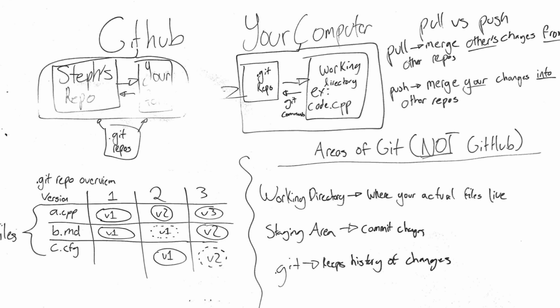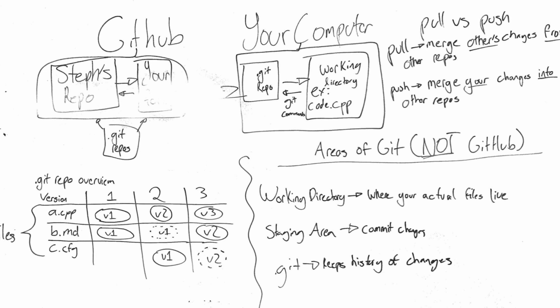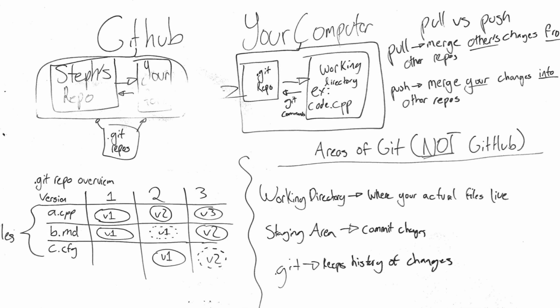So to summarize, GitHub is basically a place to host those Git repos. Typically, when you're working on a project that isn't your own, you're going to want to fork it, which creates a new Git repo that you are in charge of. Basically a copy. Then you're going to want to copy it again onto your own computer.